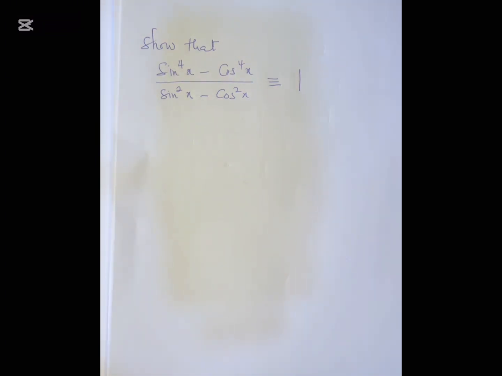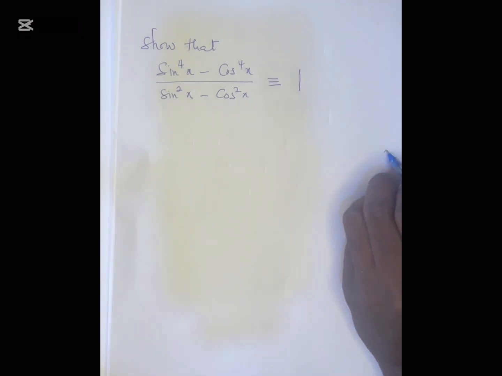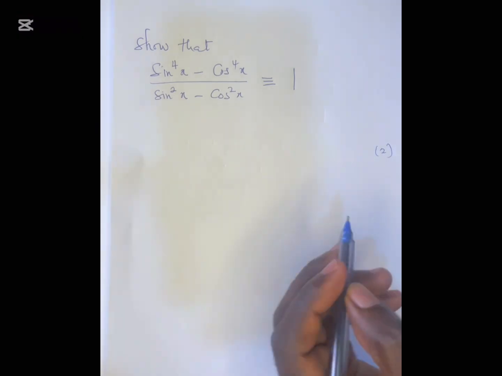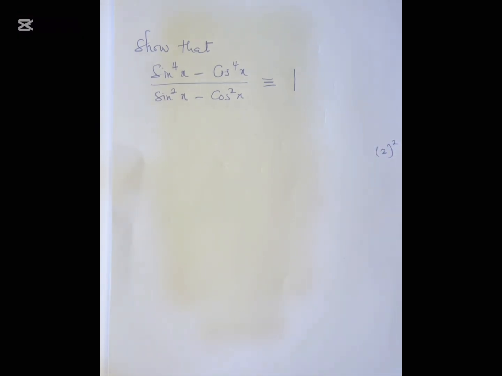Now, anytime we have an exponent to the power of 4, we have a way of dealing with it. We'll convert it so that it will have an exponent of 2, because 2 into bracket squared is the same thing as 4.